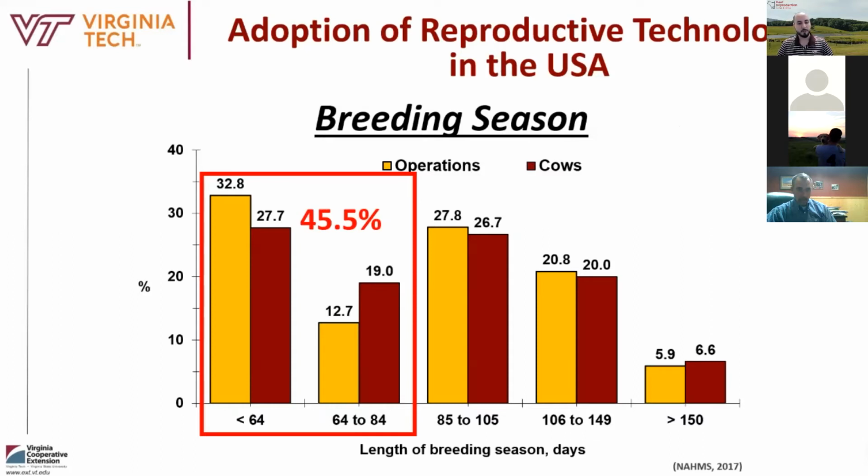So if we really think about a more tight breeding season, 190 days or less, there's about 45% of the operations and roughly the cows as well in the United States that are under a breeding season, right? So there's definitely room to grow, right? We would love to see that up towards 80-90% of the people that are producing beef in this country doing it through a breeding season, right?